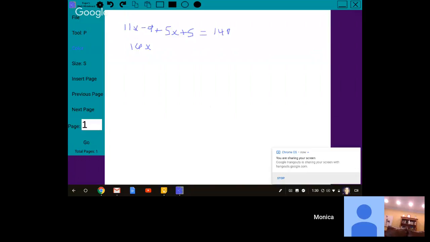And then minus 9 and a plus 5 is going to give you -4, right? So now we have to bring this -4 over, so we'll add 4 to both sides. So that gives us 16x equals 144. And 144 divided by 16 is x equals 9.